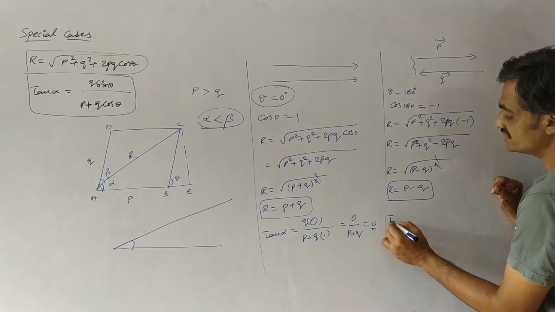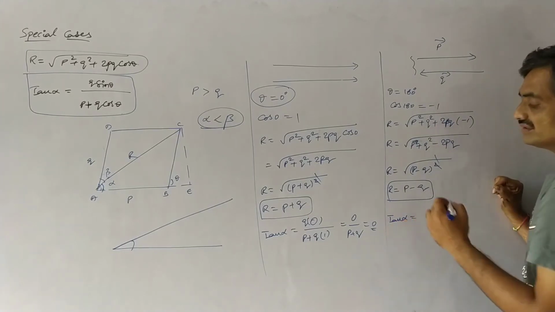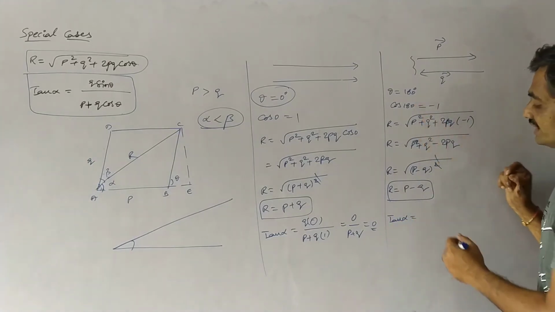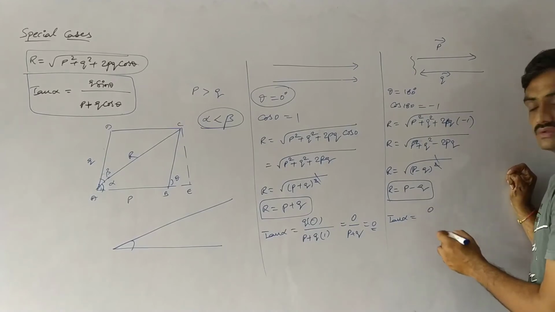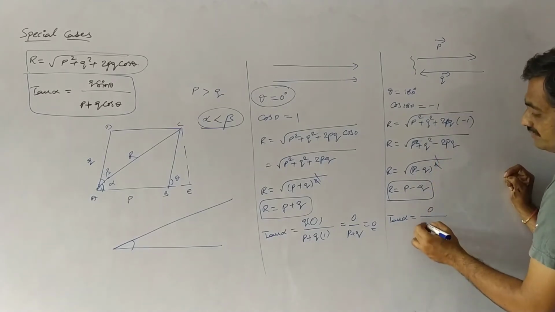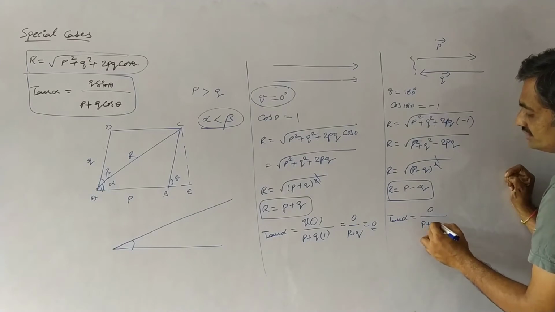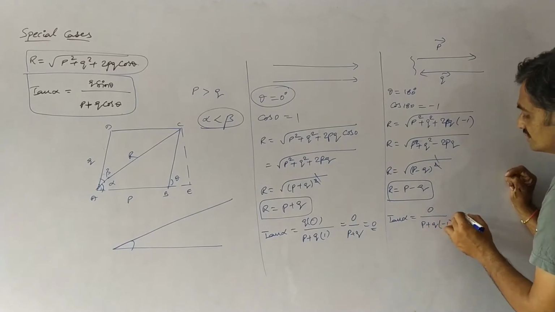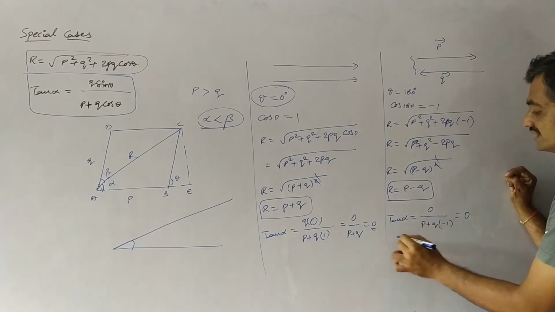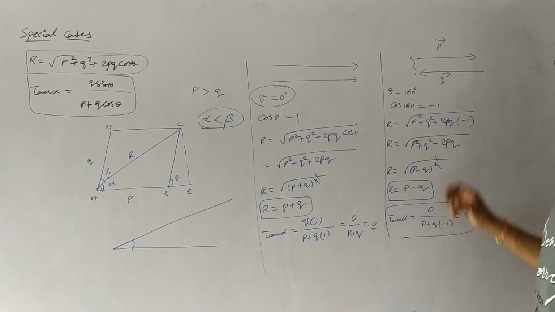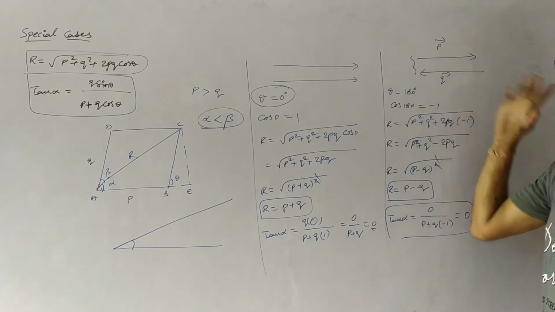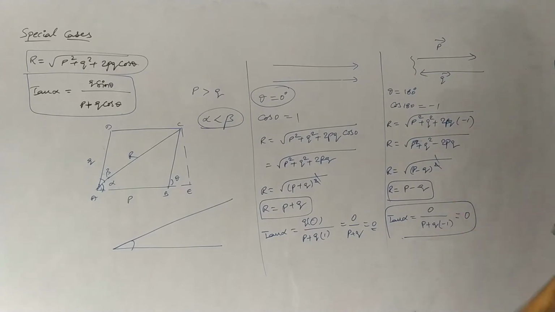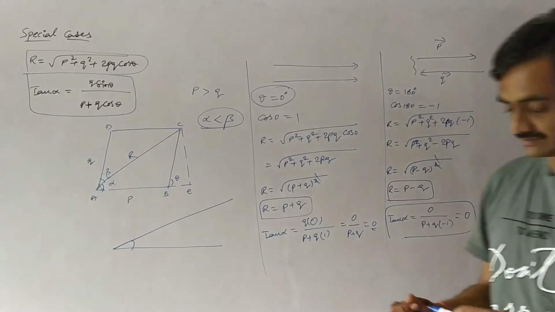And here the direction is given as tan alpha equals sin 180, 0, by p plus q into cos 180, minus 1. So 0 by something is 0. The direction represents 0, means the resultant also acts along the direction of the two vectors. Take a screenshot. We will continue with the special cases.